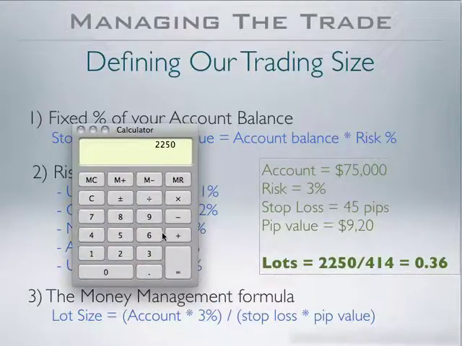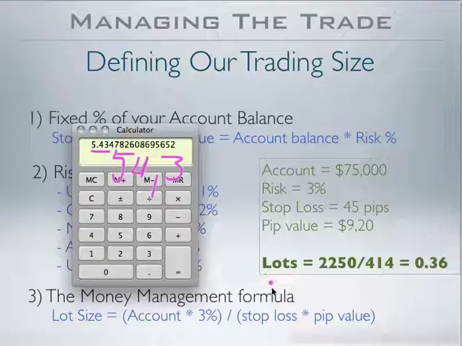Obviously 2,250 divided by 414, that's 5.43 standard lots, or what's the same, 54.3 mini lots. You see, the more and more we grow our account, the more lots we'll be able to trade on our daily trading process.